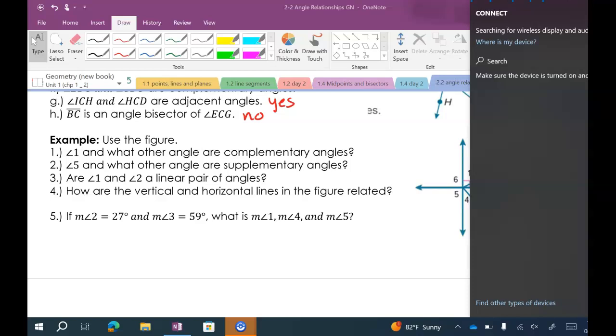Let's start with angle 1. Anybody have any idea on how to find the measure of angle 1? We're going to subtract angle 2 from 90 because these two together give me 90. So I'm going to say 90 minus 27, and that's going to give me 63.